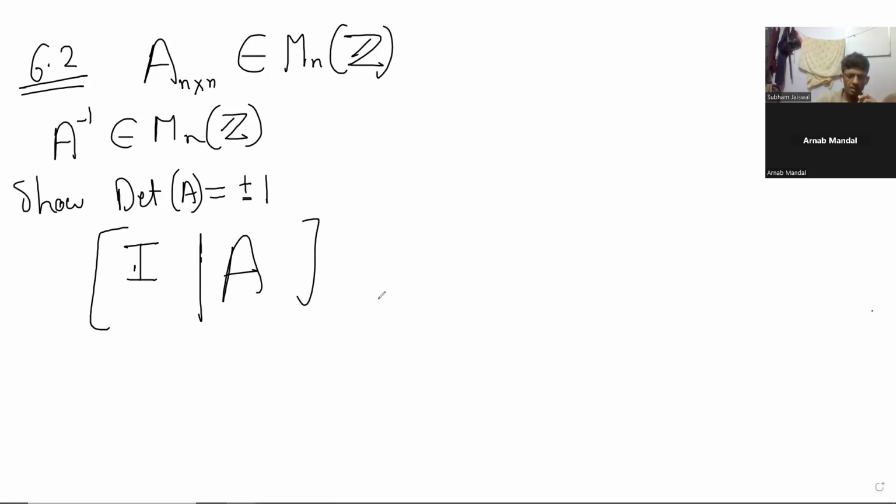Yes. Right. But does that help you to show the determinant is plus minus 1? That is what I'm concerned about.